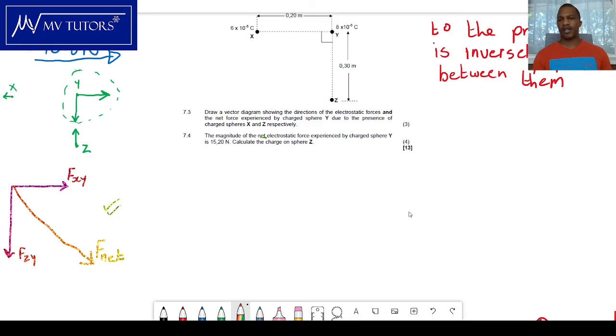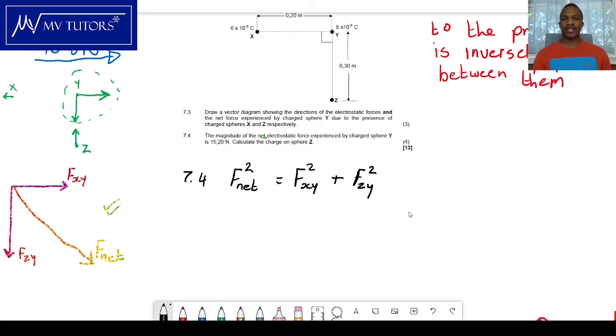Now remember this, to get F net, that's really Pythagoras. We know F net squared is equal to the force of X on Y squared, plus the force of Z on Y squared.